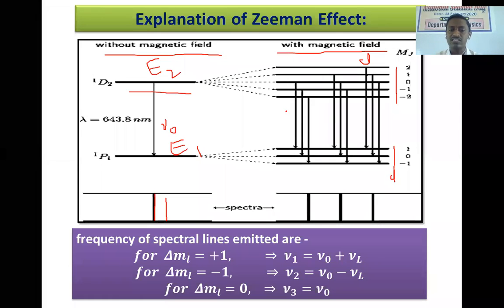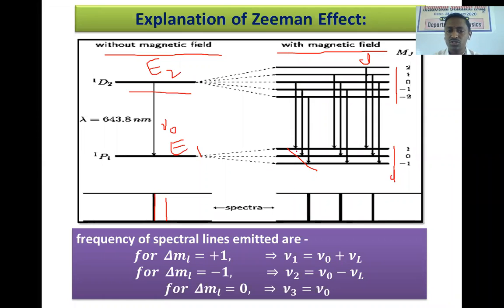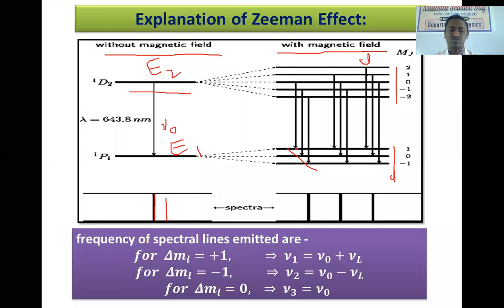So there are 3 kinds of transitions. These three are the transitions obtained when we use the selection rule delta ml equals minus 1, means a transition from ml equals 0 to ml equals 1. So 0 minus 1, that is minus 1.